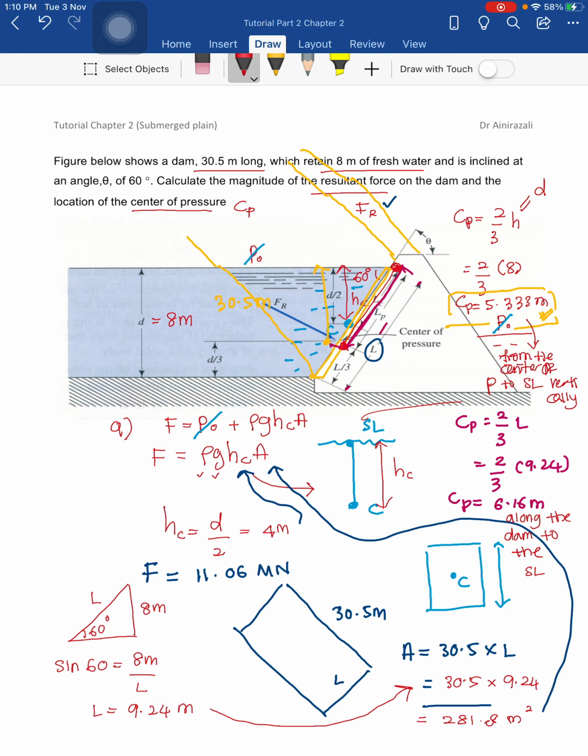If not, you will not get the full mark for this part, because I can assume that the 5.333 meter is along the dam to the surface of the liquid. If you do not write your answer completely, I can assume it is along the dam, so you don't get the mark, and it is wrong. So be alert: when you calculate your center of pressure, make sure you include this elaboration, along the dam or vertically to the surface of the liquid.